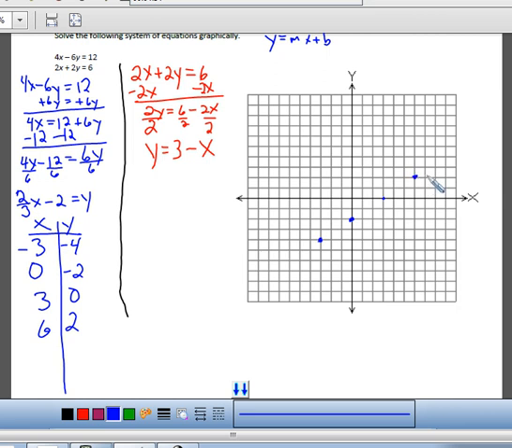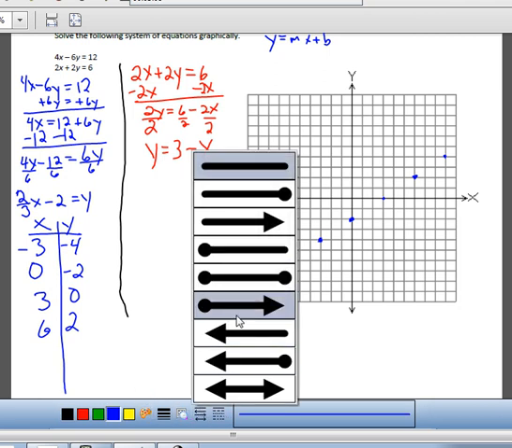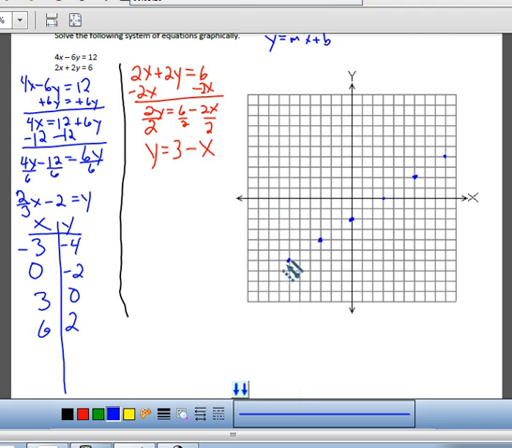And if you want to use your slope-intercept form to help you come up with the points, that's fine, but you should still use a table to show you've done your work. I'll use my line tool, and I'll add my arrows in after. Yes, you need arrows, and yes, you need to label it with the original equation.